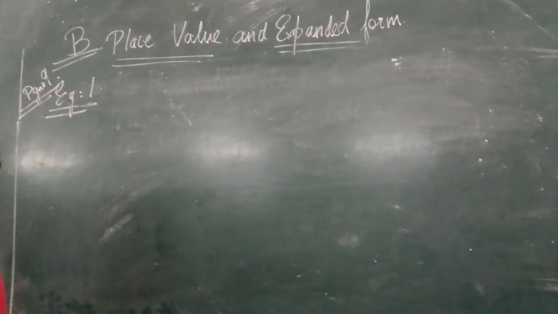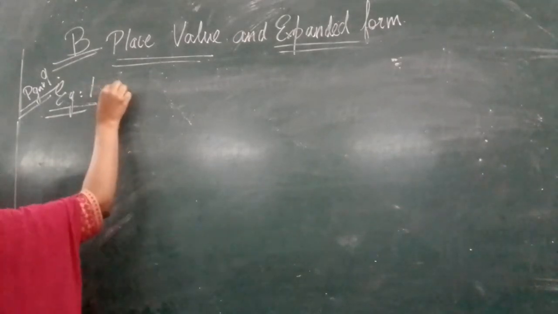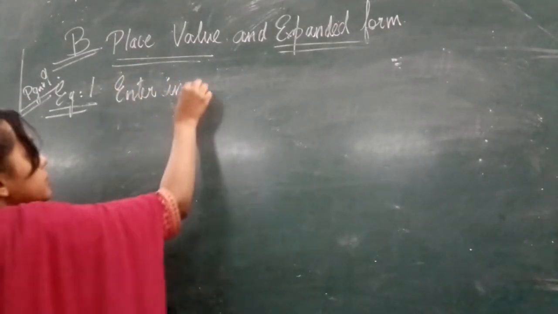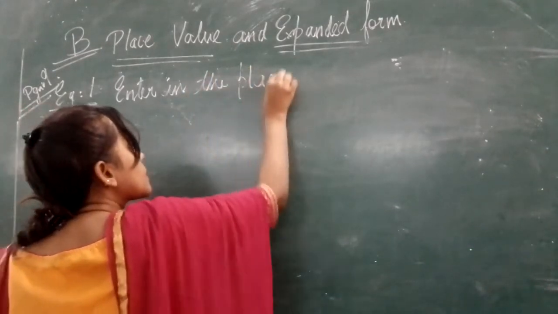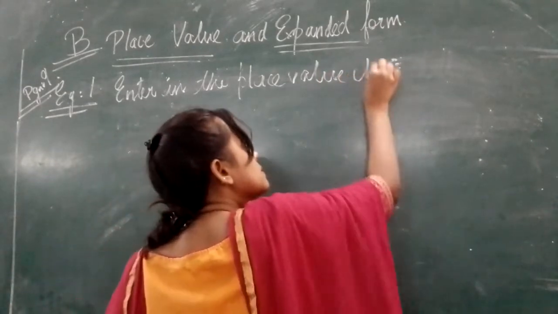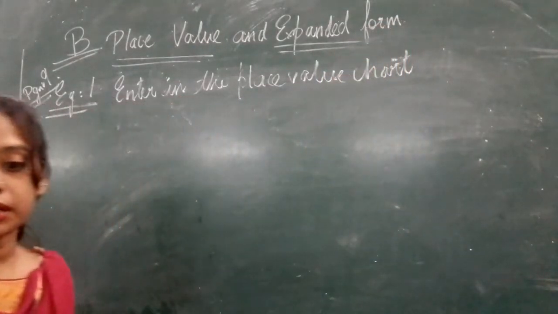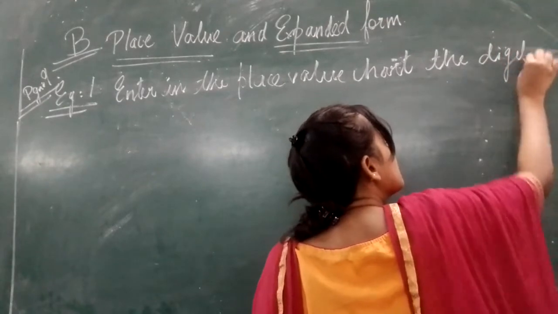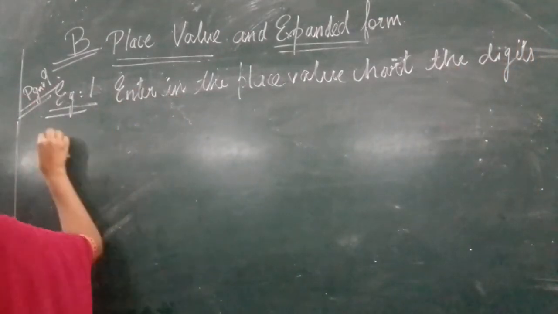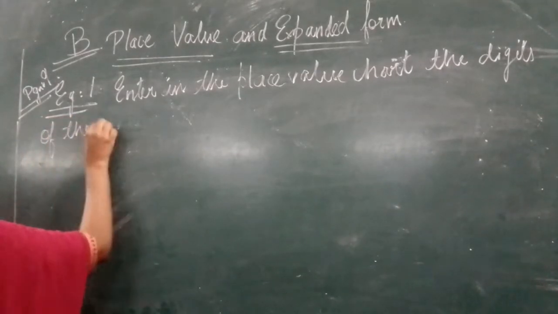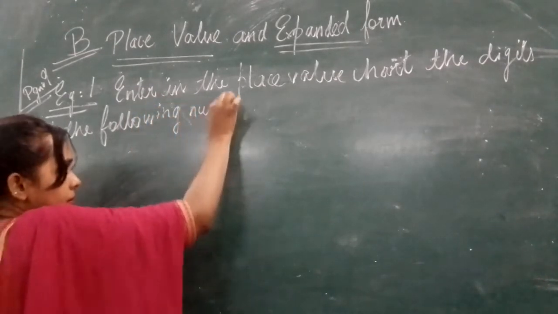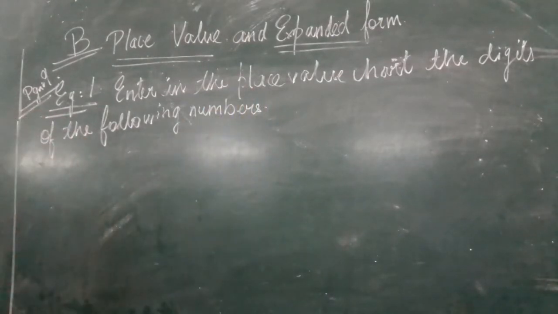This is example 1. Now what is the question? Enter in the place value chart the digits of the following numbers, and find the place value of digit 3 in each case.